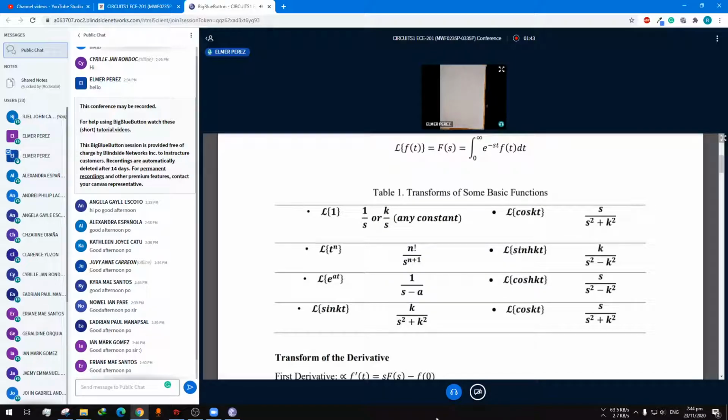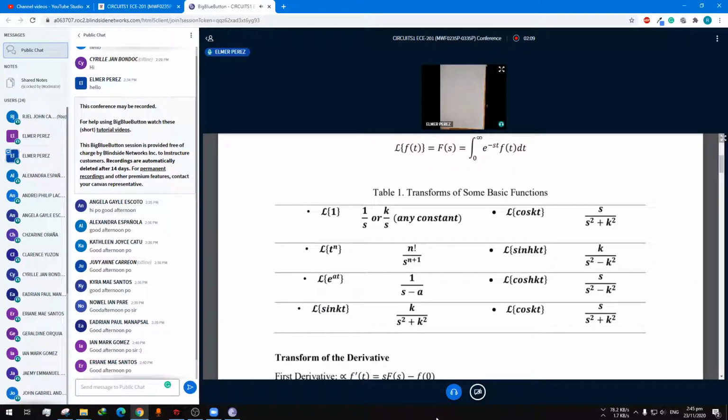For the first trigo function, given that the Laplace transform of sine of kt, that's equal to k over s squared plus k squared. For cosine, papalitan nyo lang yung k ng s, so that will be s over s squared plus k squared. And then for hyperbolic sine, instead of positive, magiging siyang negative.